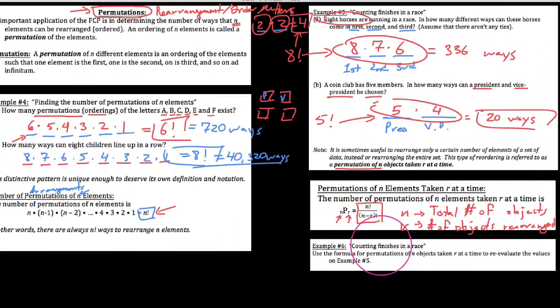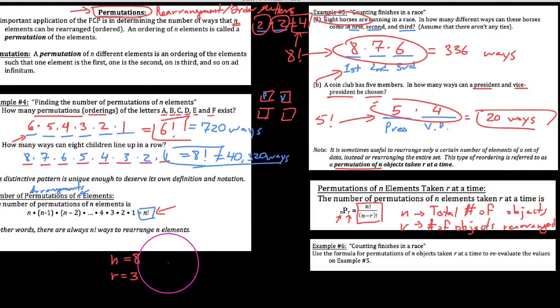And I actually want to go back and use this for example 5. In the first example we said the total objects is 8. We had 8 horses, and r is the number of these horses that we wanted to rearrange at a time. Since I have first, second, third, I've got 3 spots.